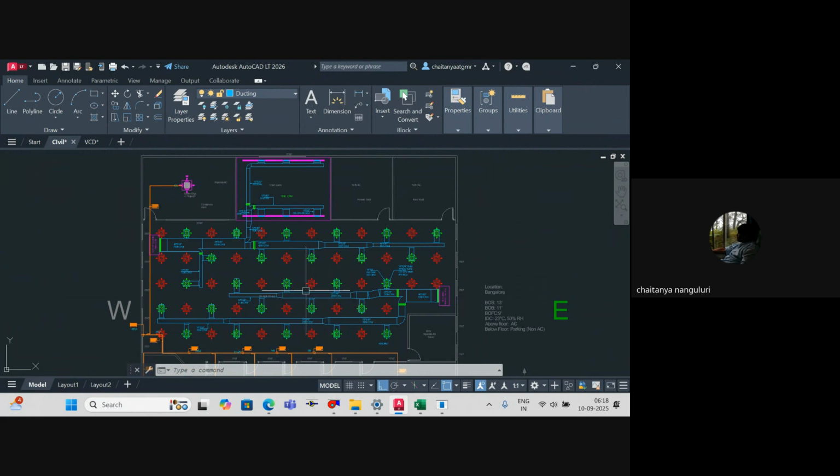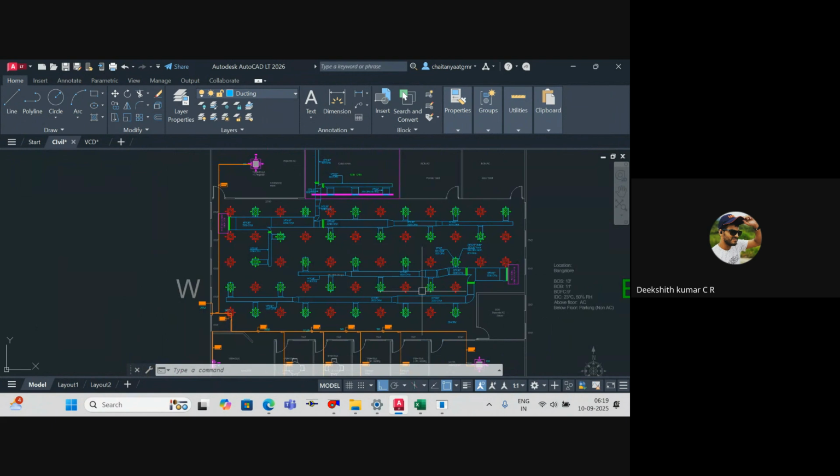Now, don't you think we have to go for acoustic insulation, thermal insulation? You remember the rules I've explained earlier? What is the use of acoustic insulation? It is to dampen the noise.